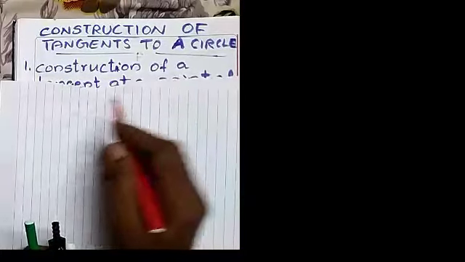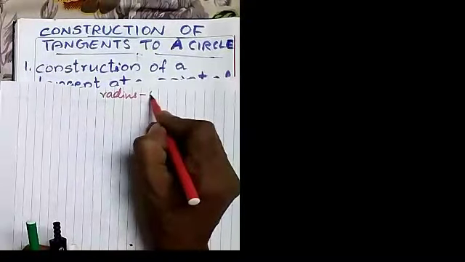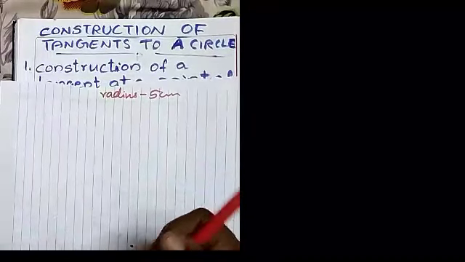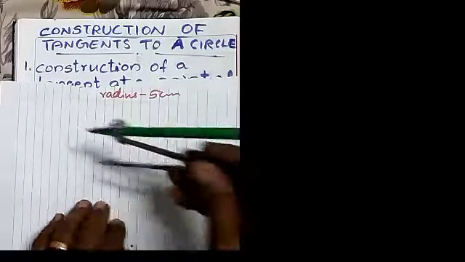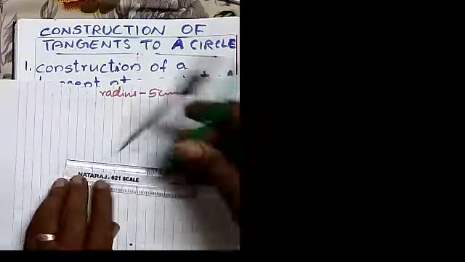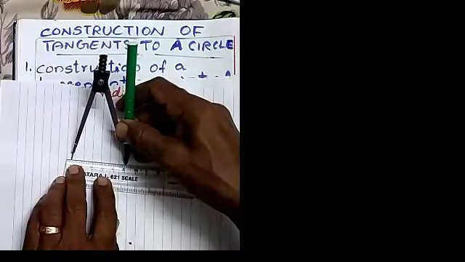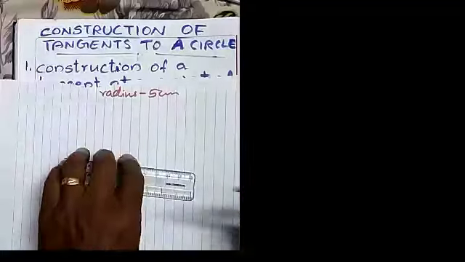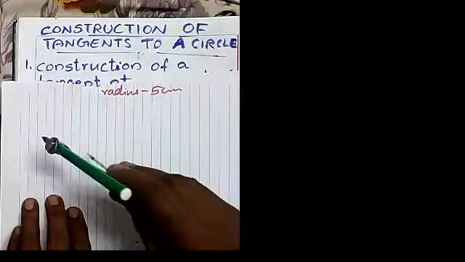Now we can do one more example for this by taking radius 5 centimeter. By taking radius 5 centimeter, we are going to draw one circle. For that, take the radius 5 centimeter in your compass. Take the correct measure, and now you can draw the circle.